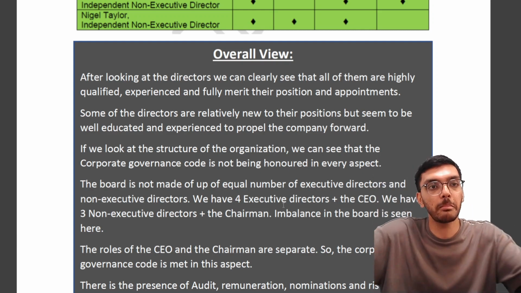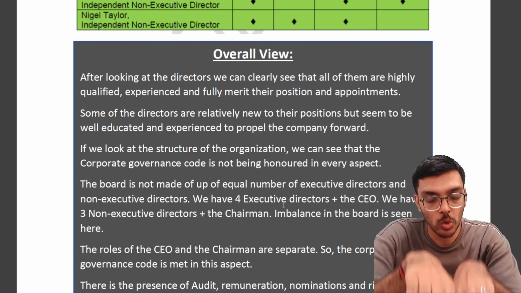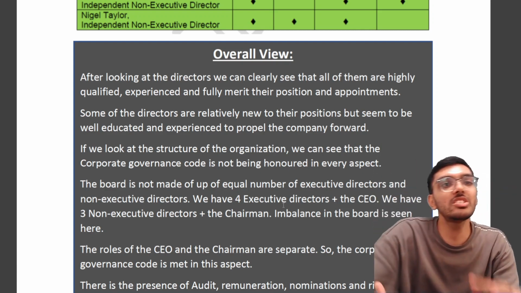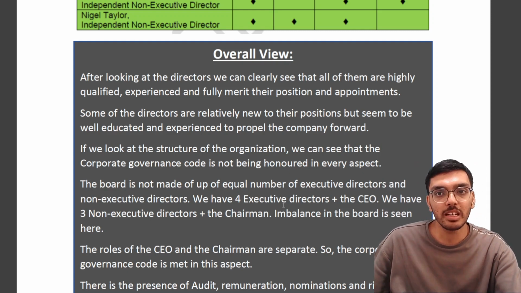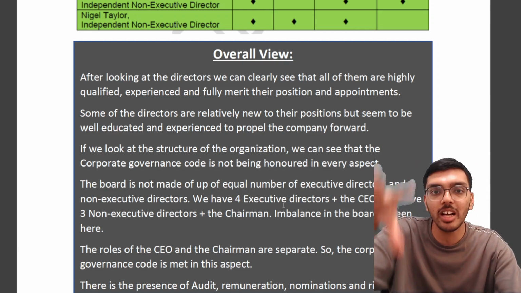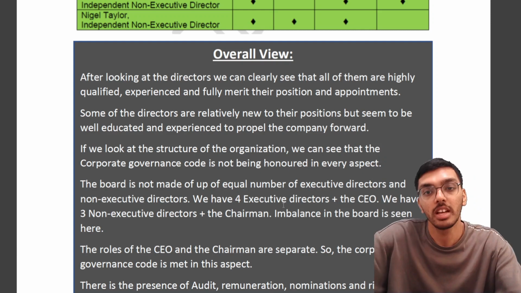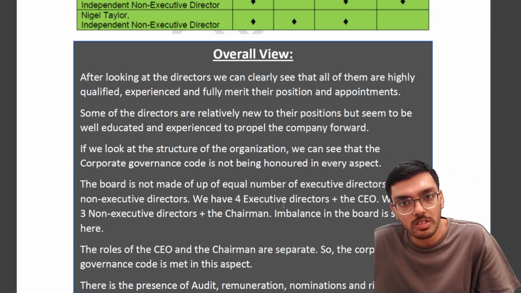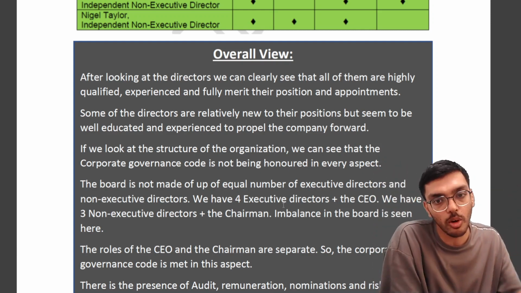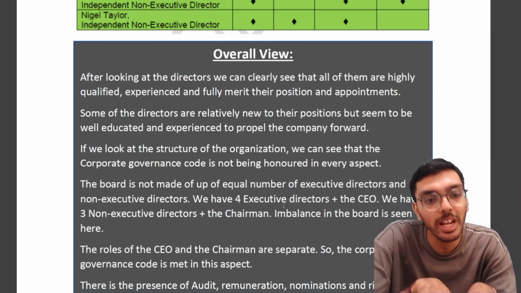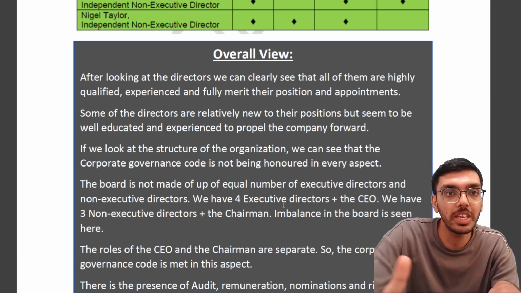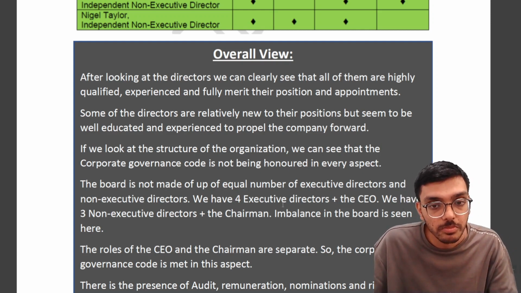Generally, an equal number is required so that to challenge the executives, there are an equal number of non-executives as well, to ensure that the company is being run in the interests of the shareholders and not the interest of the directors. So equal number is recommended. So that is one thing that is not being met.